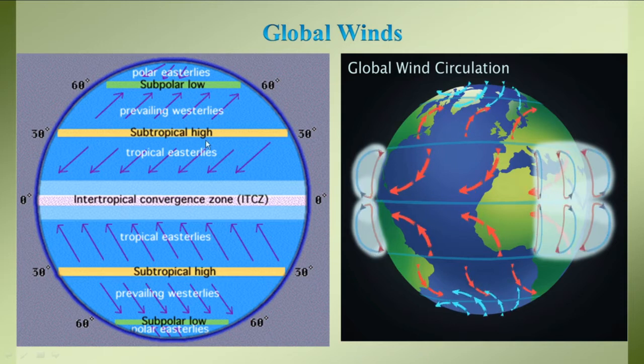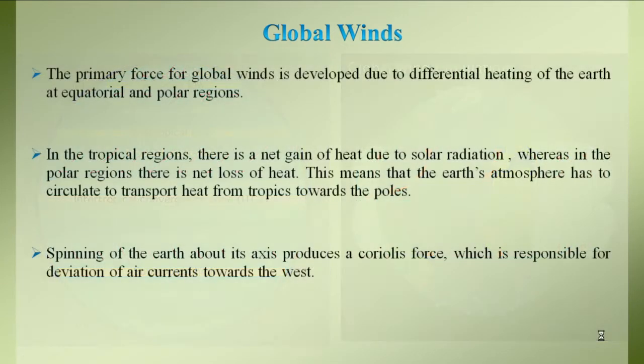So there are a number of kinds of global winds flowing over the Earth due to the uneven heating of the Earth's surface. These are the tropical easterlies, prevailing westerlies, and polar easterlies. The primary force of global winds is developed due to the differential heating of the Earth at the equatorial and polar regions.